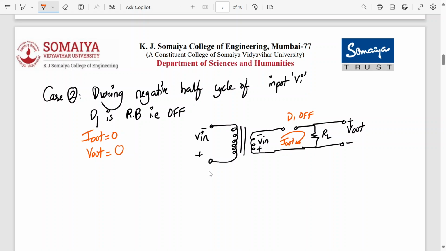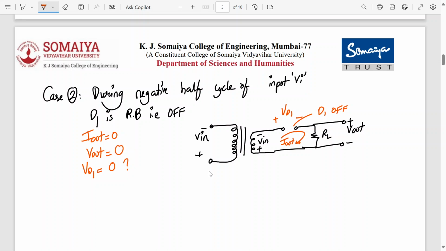Okay. But if I want to calculate, diode is off, that is for sure. So here we assume that diode is off. But what about the voltage across the diode? VD1. Is VD1 0? Anyone? Can you answer this question? Is VD1 0?